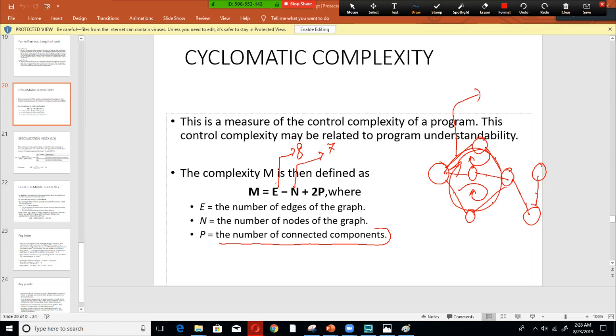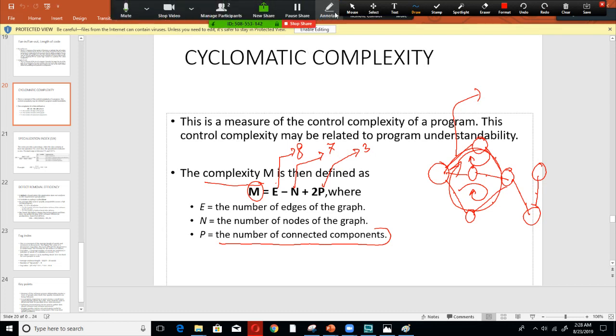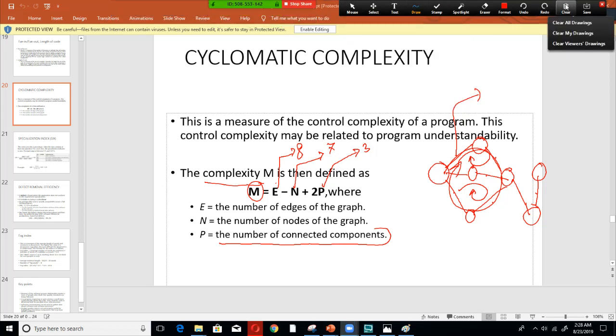So there are 3 cycles in this graph. So the value of P here is 3. And if we just calculate with this formula, we will get M, which is the complexity. So this is the cyclomatic complexity calculation, and it might come in a different way.